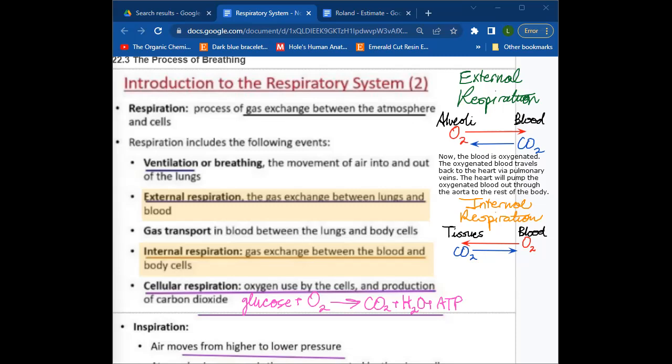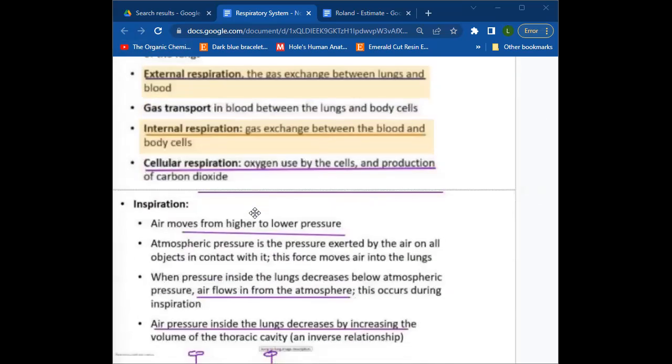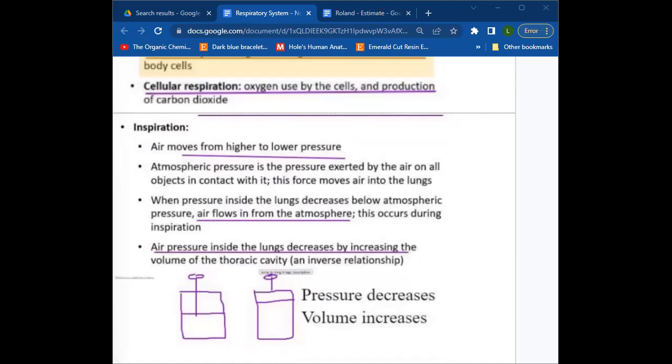Okay, then now let's take a look at the process of inspiration. To understand the process of inspiration or expiration, we need to know two properties of gases. We need to know that gases will always move from areas of higher pressure to areas of lower pressure.